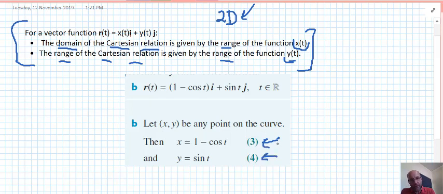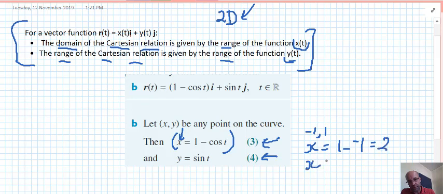So for the domain of the Cartesian relationship, we need to find the range of this, which is all the possible values for x. Now cos of t itself can be between -1 and 1. So if we have x equals 1 minus -1 at the lower end for t, that's 2.